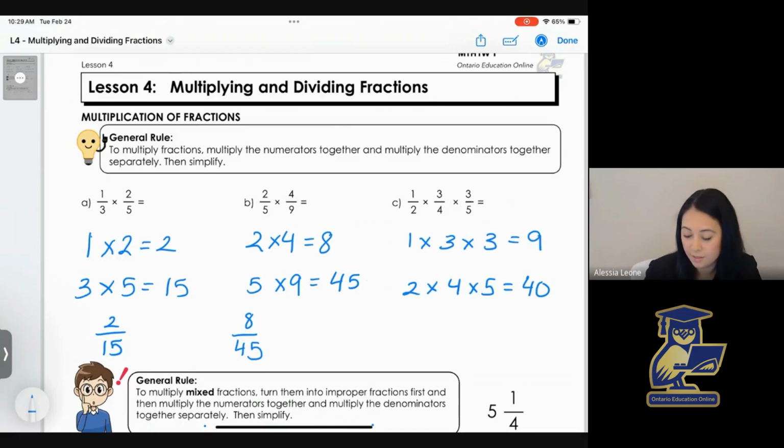So our answer is 9 over 40. Now, multiplying more fractions does not change the rule. The rule always stays the same. The rule is always multiply the numerators and then multiply the denominators.